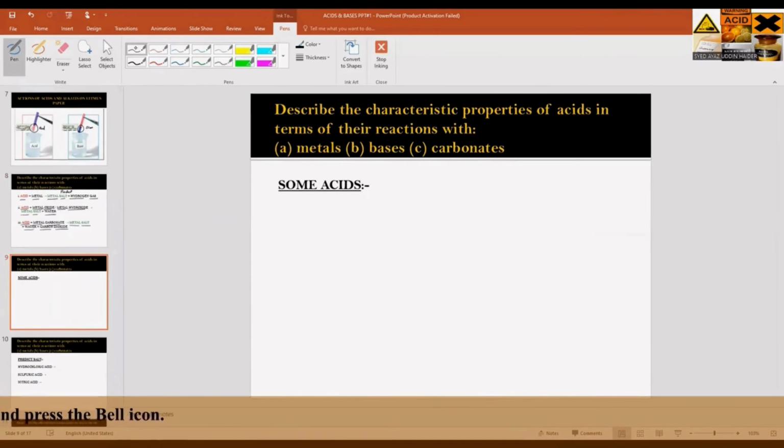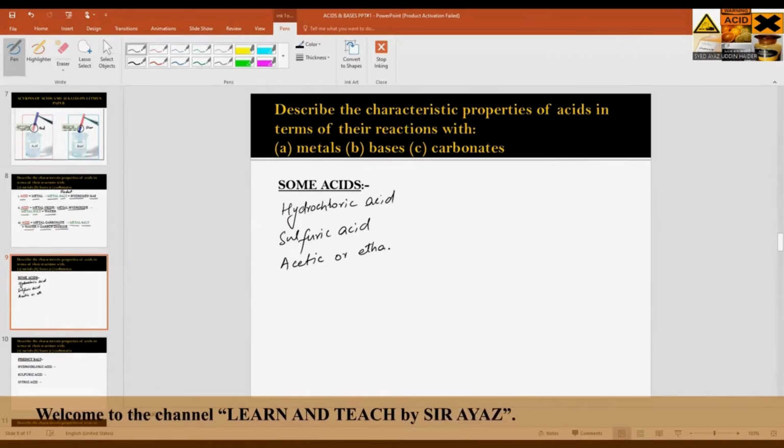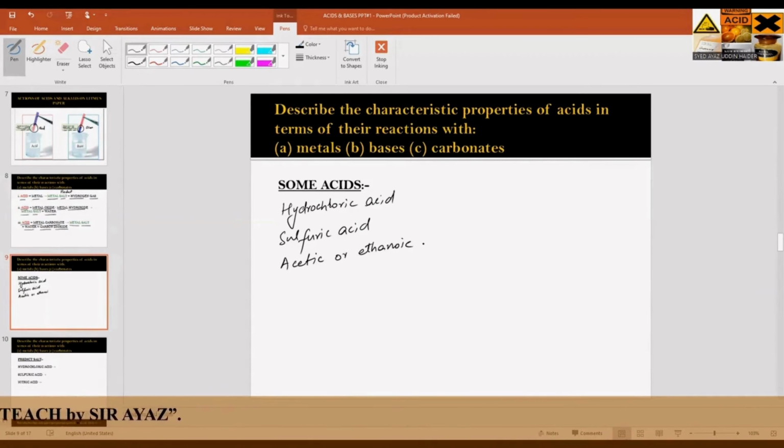Let me write the name of some acids for your convenience. Hydrochloric acid, this acid is produced in our stomach. Sulfuric acid, this acid is used in battery. Acetic or ethanoic acid, this acid is present in vinegar.